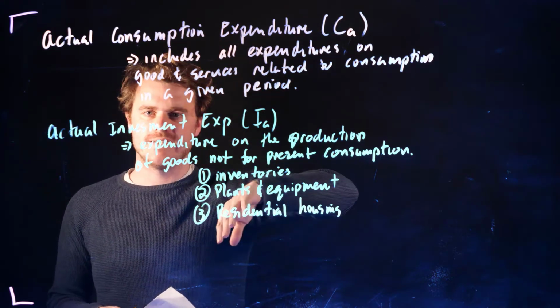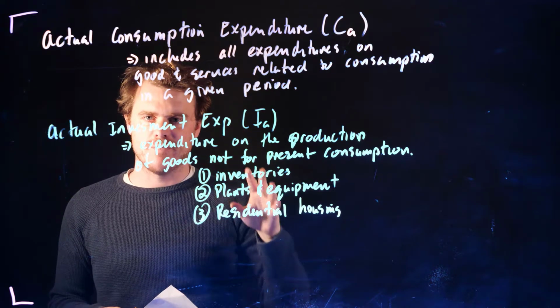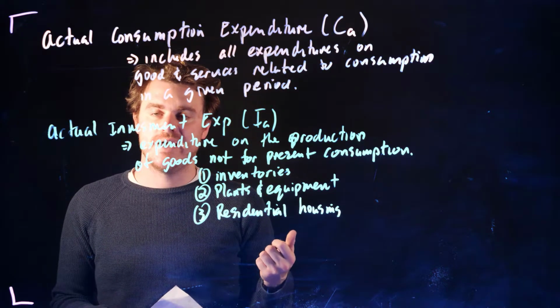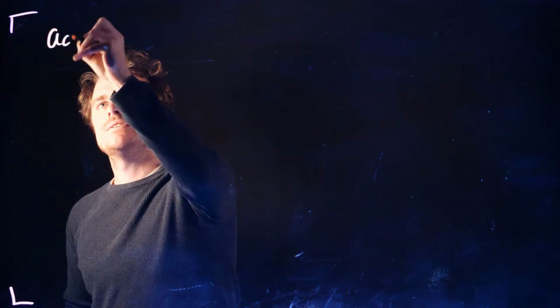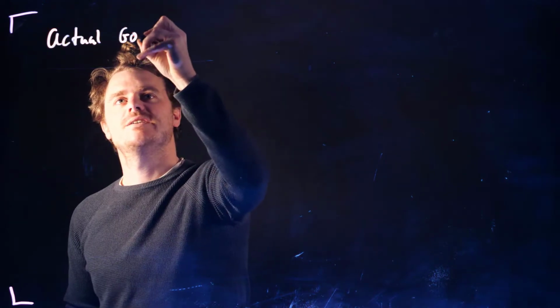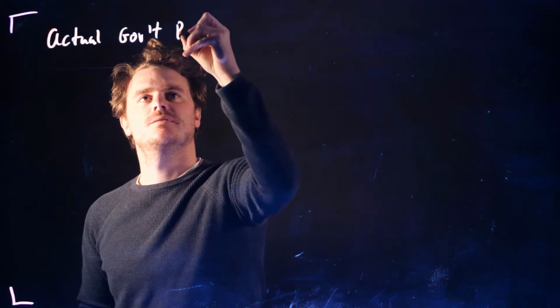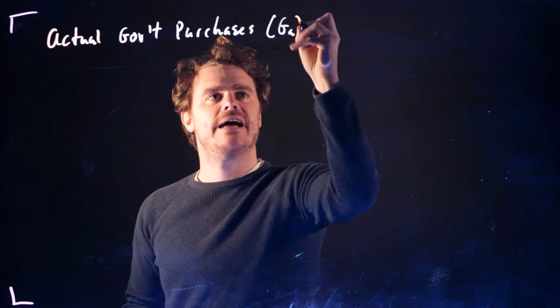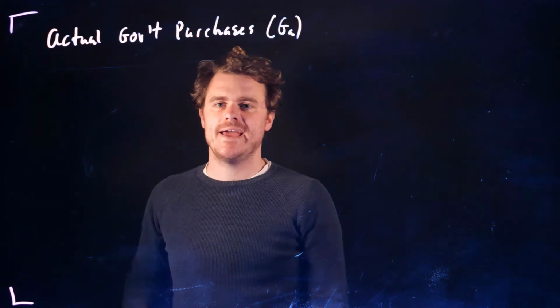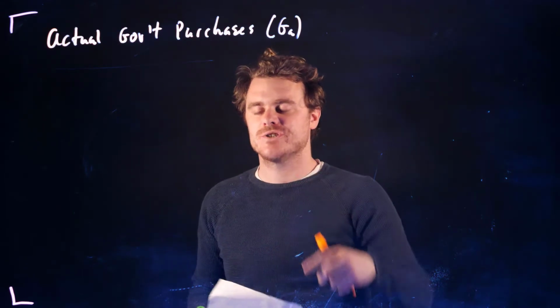All right, so those are the first two categories. Let's quickly erase this and talk about the last two, which are actual government purchases and net exports. Actual government purchases we're going to denote capital G, subscript A. Again, the A is for the actual.